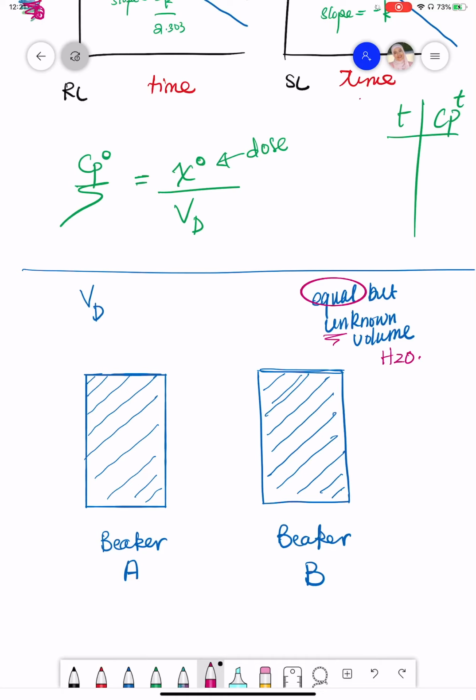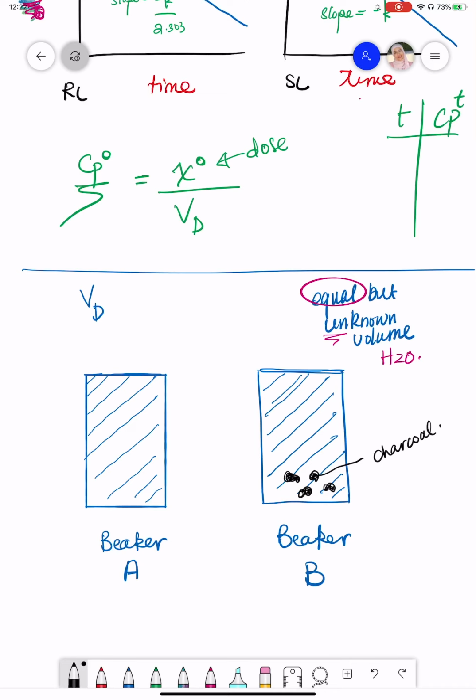Then we will add in beaker B a small amount of charcoal, added here. And we know that charcoal is an absorbing agent. So this is one of the differences between the two beakers for now.